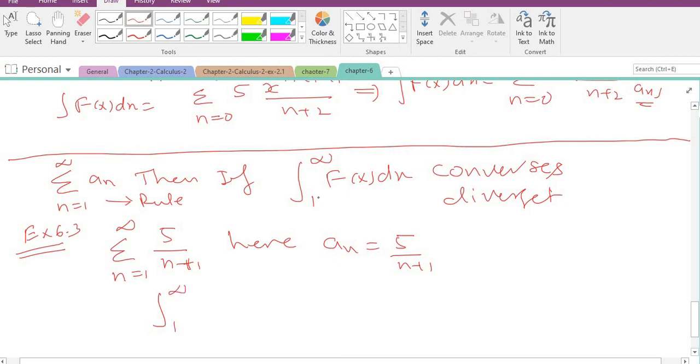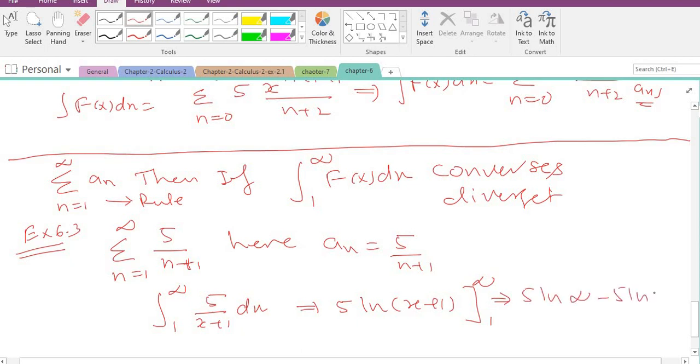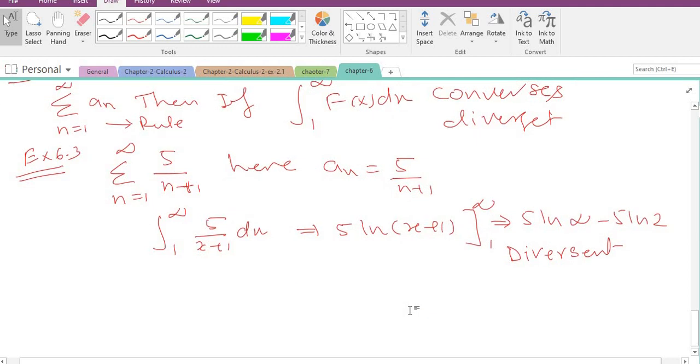So I am going to use this integral, changing n to x: the integral of 5 divided by (x+1) dx. When you integrate this, it is 5 ln(x+1), and then the limit. When you use the limit, it is 5 ln(infinity) minus 5 ln(2). Because ln(infinity) is not defined, it is divergent.